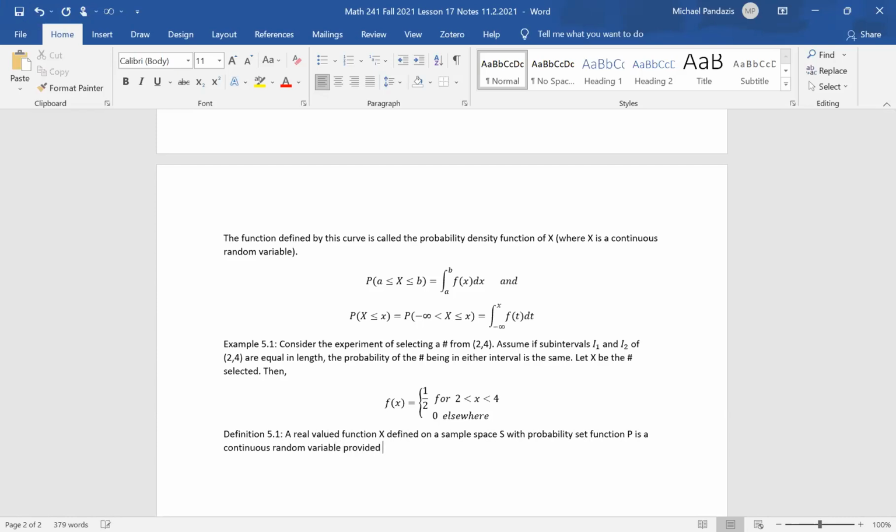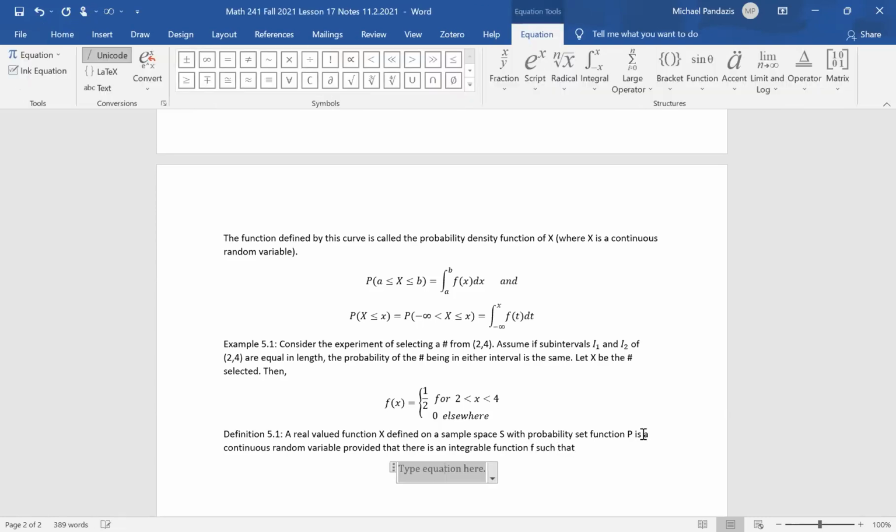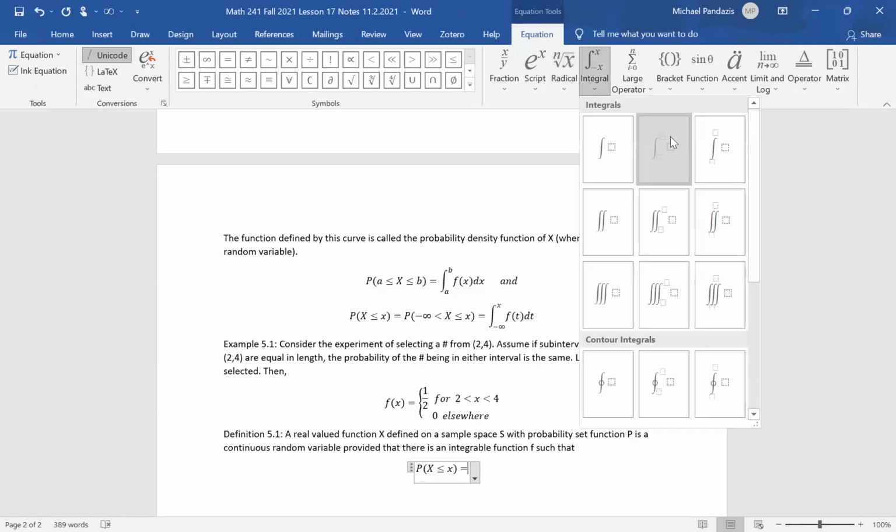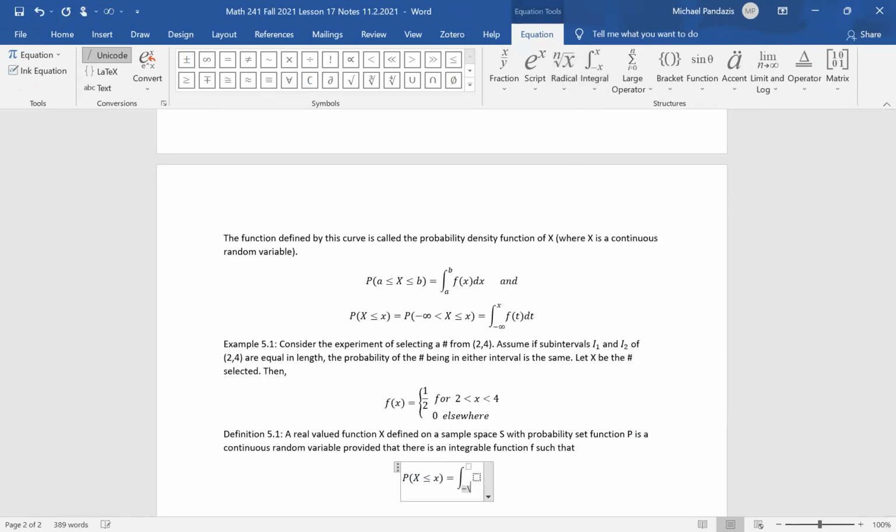provided that there is an integrable function f such that the probability of X being at most little x is equal to the integral from -∞ to x of little f of t dt, where t is the dummy variable.